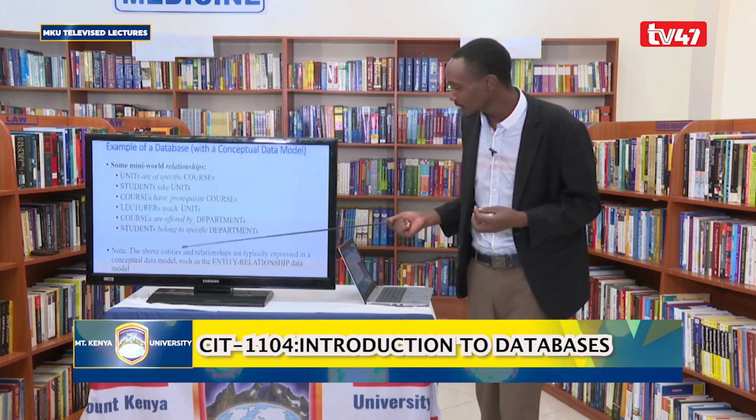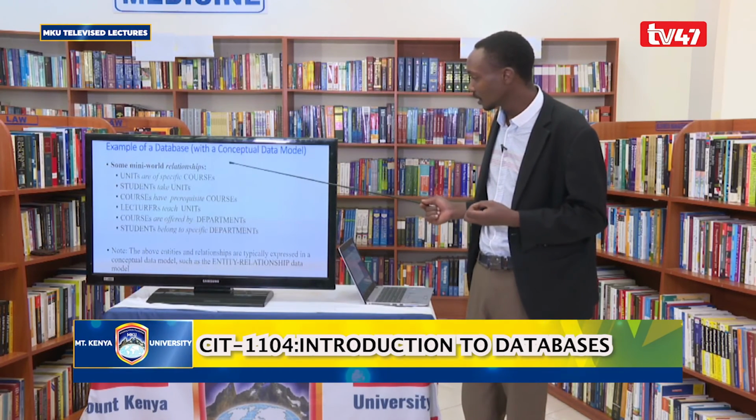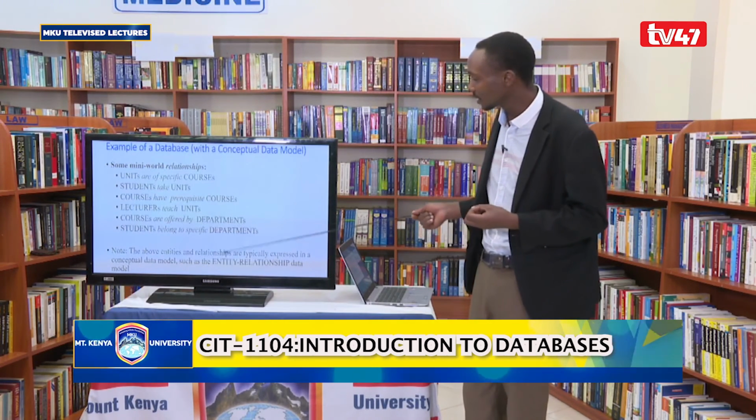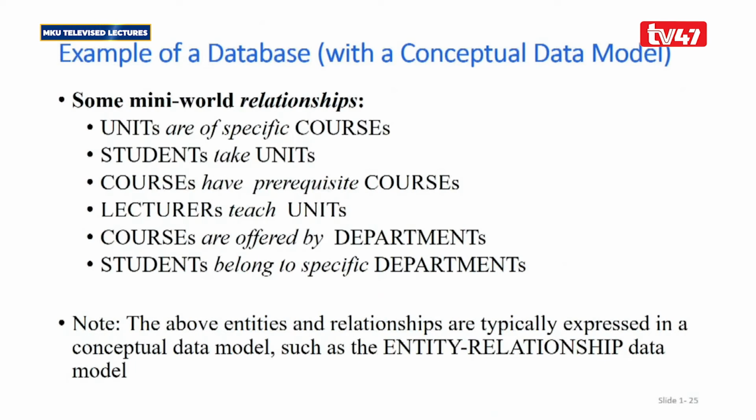So these particular entities are expressed in a conceptual data model, such as you can easily draw this using what we call an ERD, that is an entity relationship diagram, because of an entity relation or entity relationship. So very simple. In every particular domain or mini world, you can relate different entities. And once you relate them, you can start the design process of a database.